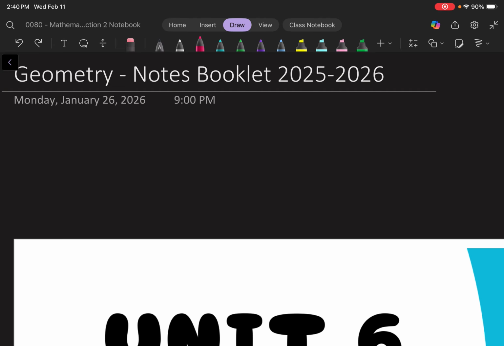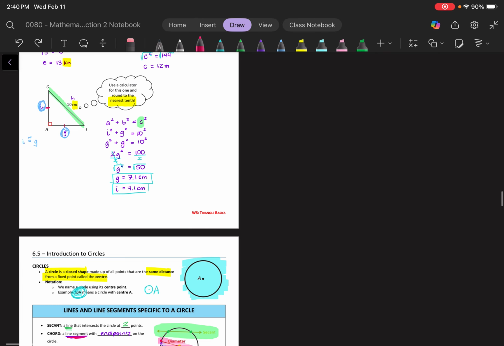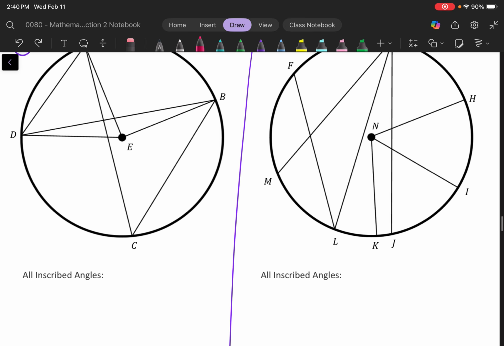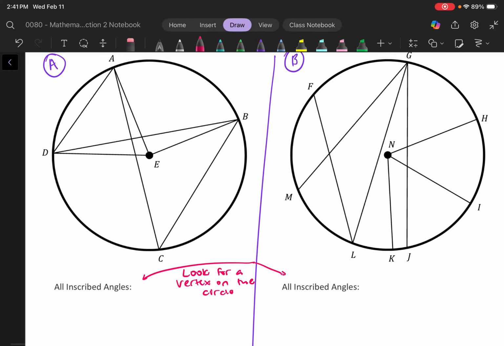Okay, and that's going to be true for both examples. For inscribed angles, I'm going to look for a vertex on the circle. And I'm simply going to take a look at a vertex and go along for it.